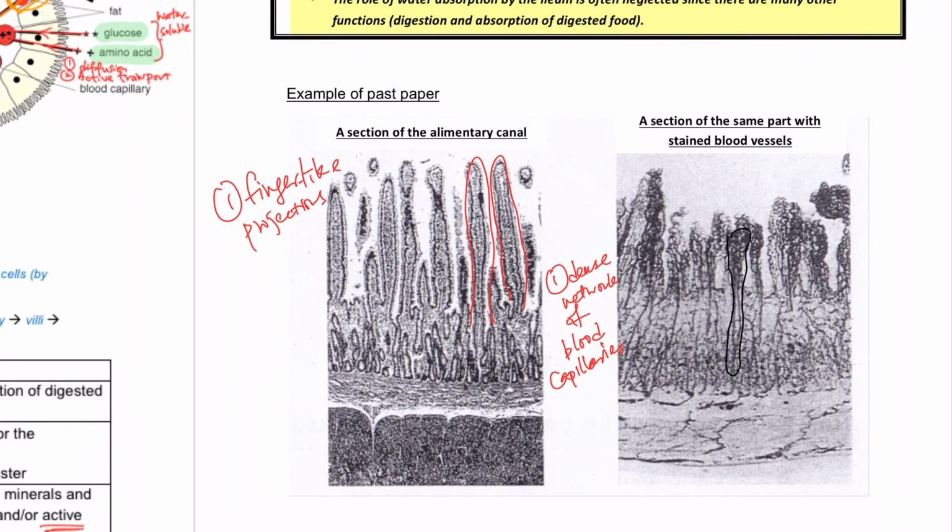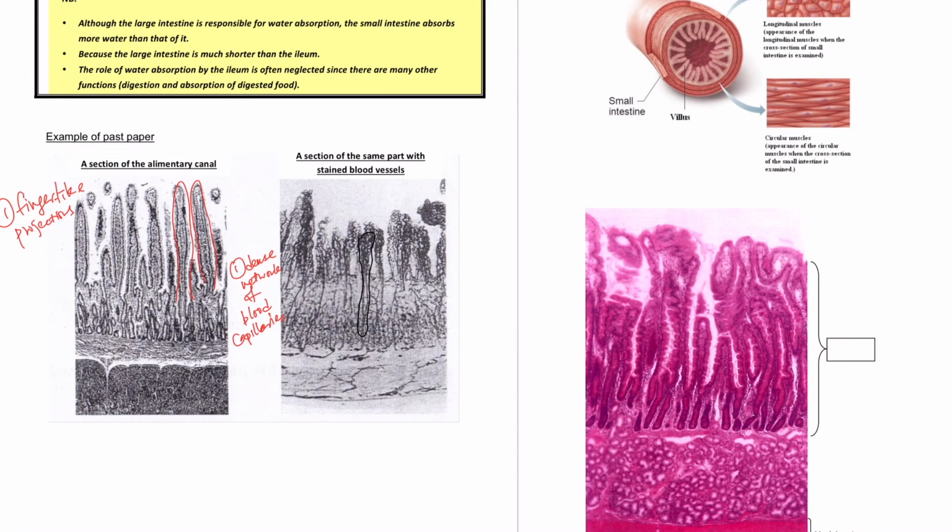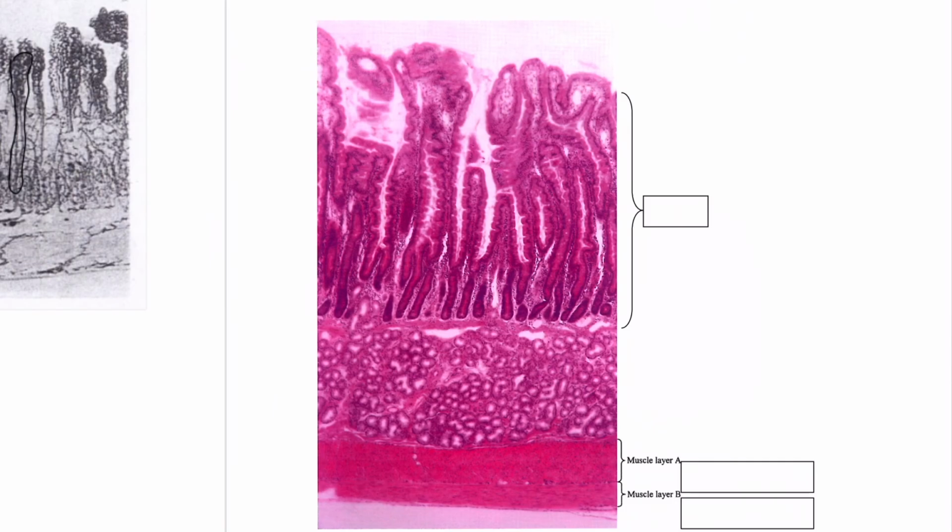All right, now please turn to page 17. Okay, I've already told you that there are actually two layers of muscles found on the outer layer of the small intestine. Here you can see muscle layer A and muscle layer B. I want you to write down the names of these two muscle layers.